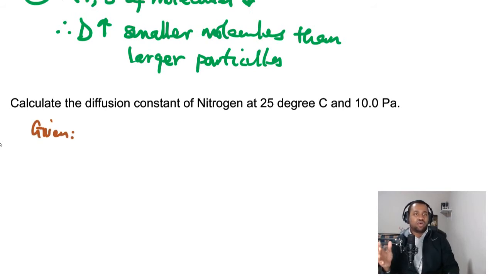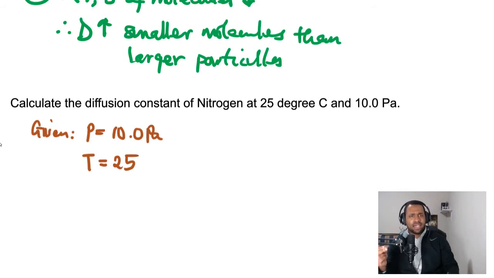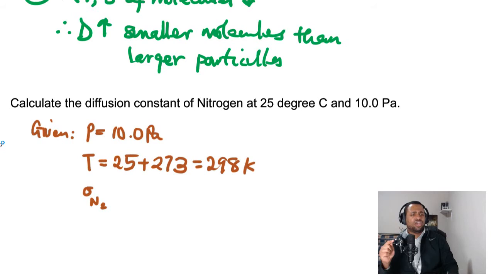First, of course, we know our pressure to be 10.0 Pascal, which is the standard unit that's going to be used, and we have our temperature of nitrogen gas, which is 25 degrees Celsius. We know that we need it in kelvins, which in this case is plus 273, which will give us the value 298 kelvins. The next variable that we need to take into consideration is the cross-section area of nitrogen gas, which is around 0.43 nanometer squared.